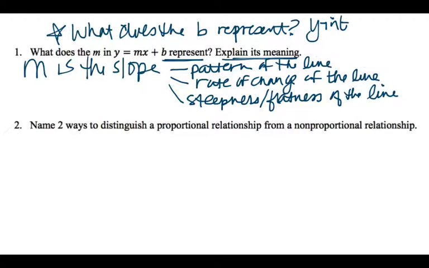You can explain that as being the starting point of a situation. You could say it's the flat rate of a real-life situation. You could say it's the point where the line crosses the y-axis. They're all different options of what the B could represent.